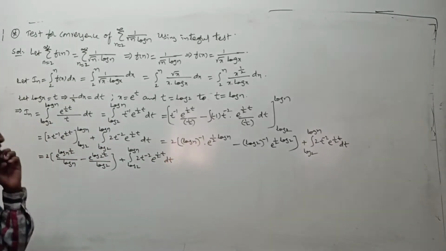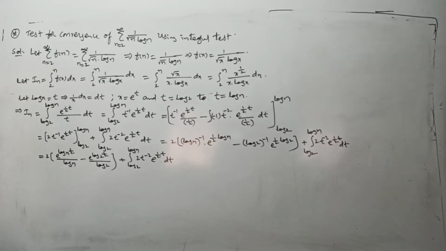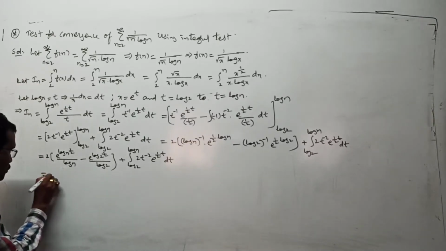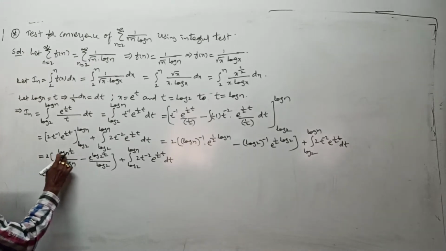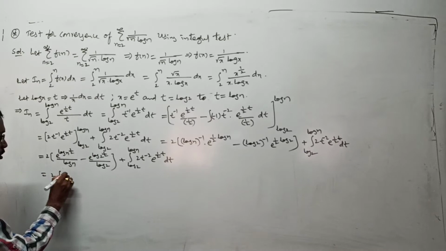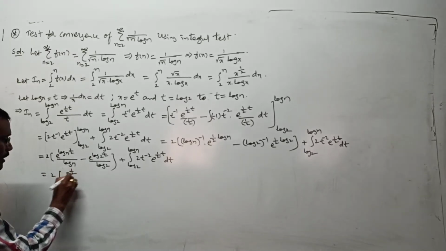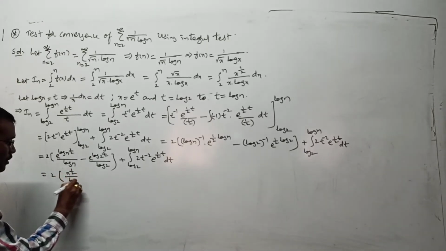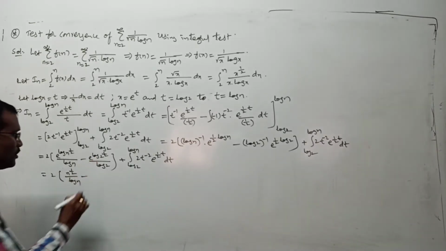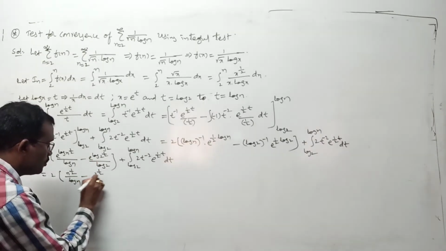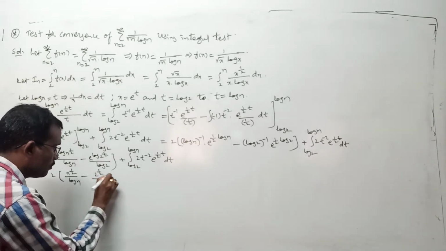Any problem is there? Still we can write it as 2 into, this is what? Is it n to the power of 1 by 2, or not? N to the power of 1 by 2 by log n minus, this is what? 2 power 1 by 2 by log 2.